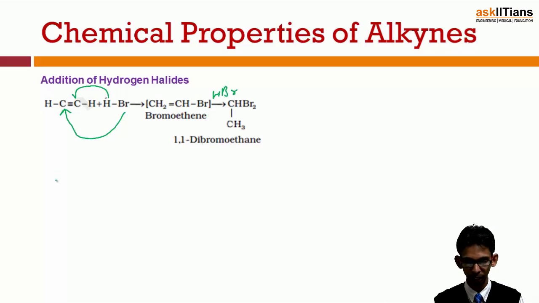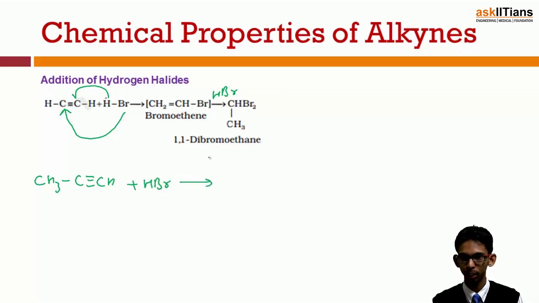But in case of a non-symmetrical alkyne like CH3 C triple bond CH, this addition will follow Markovnikov rule, according to which the bromine goes to that carbon which contains a lesser number of hydrogen atoms, and the product formed will be CH3 CBr=CH2.